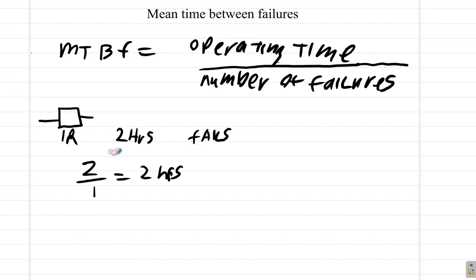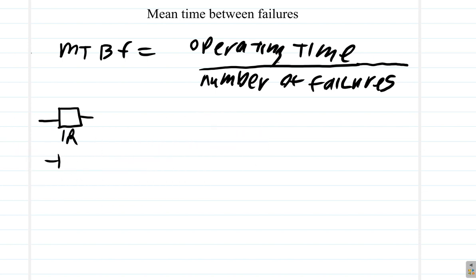Now, suppose you have 2 resistors tested for 2 hours. Now that means this is tested for 2 hours and this is tested for 2 hours.